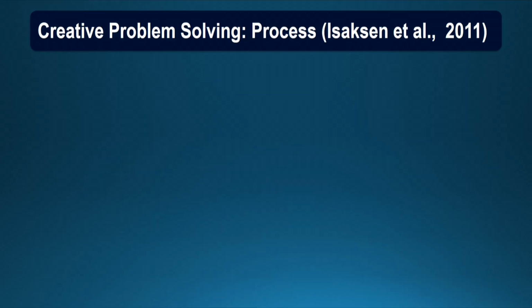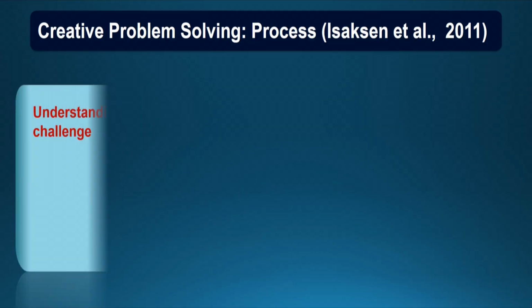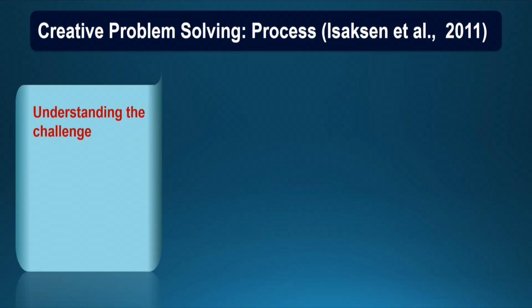Isaksen et al. have given a similar process with a little difference in it. Now, if you look at the stages as proposed by Isaksen, the very first stage in the process of creative problem solving again remains understanding the challenge.